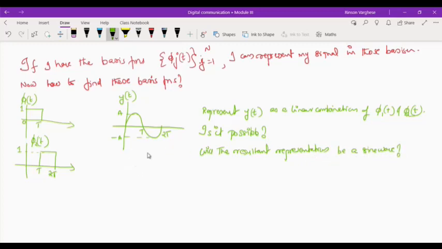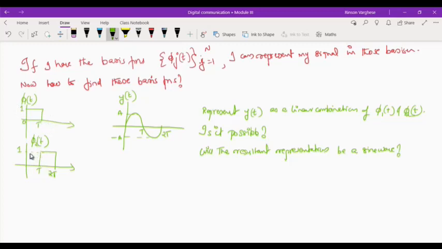So how we represent a signal in terms of these bases is, we can scale these bases. We can multiply it with anything. If you multiply it with some value, this function is still a rectangular function within duration 0 to T. When you multiply, the only thing that changes is its amplitude.